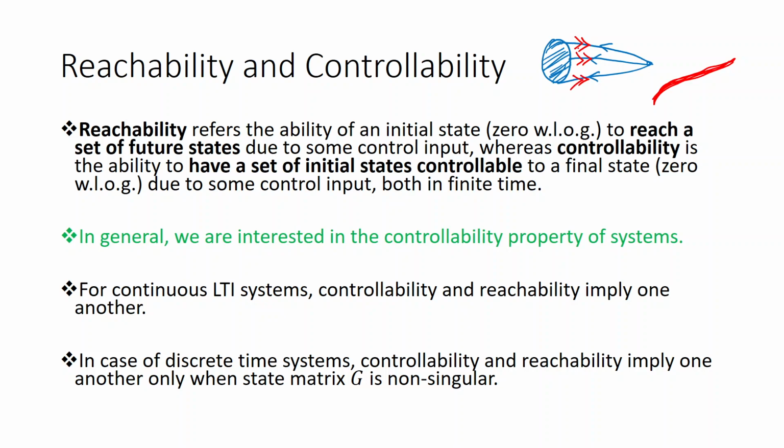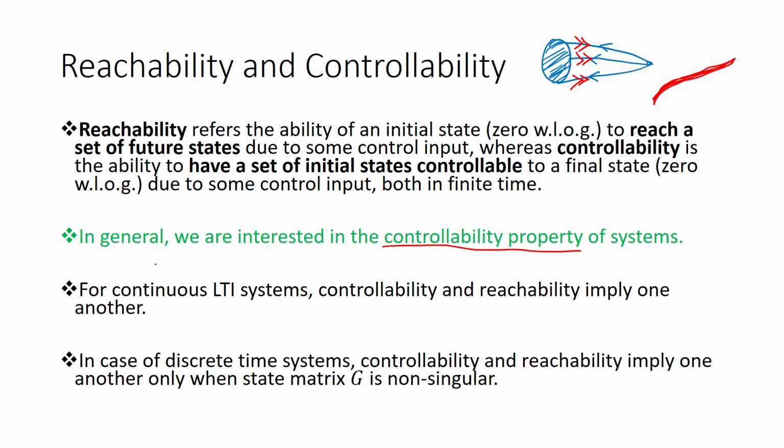We are normally concerned with reaching a particular state from any initial point or a set of initial points, whether we are able to do that. That is the question we are normally concerned with, and that is the controllability property.